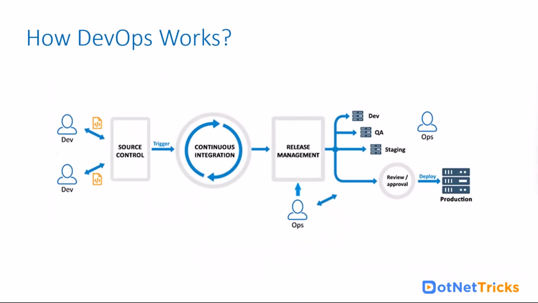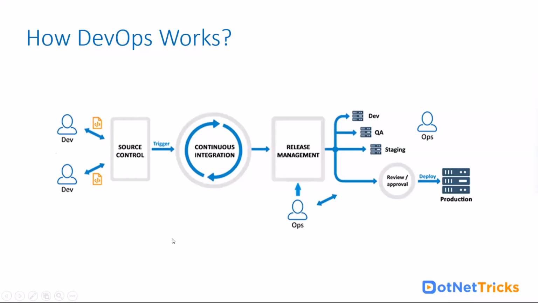We have developers who commit the code to source control like Git, or it can be TFS. Then we have continuous integration that continuously checks for commits, and as soon as a commit arrives, it builds the code. If there is any error in building the code, it shares the report.